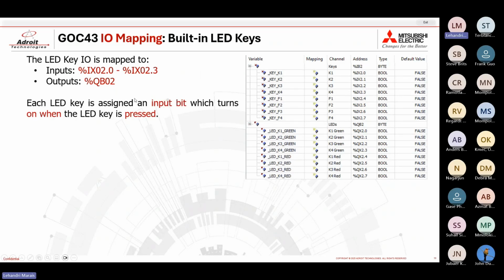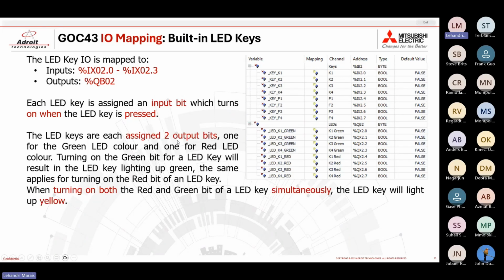The input bits of the LED keys are used to indicate whether the user has pressed it, so it turns on when the button is pressed. As for the output bytes, these are assigned to the colors green and red. Each key has an output bit for green and an output bit for red.